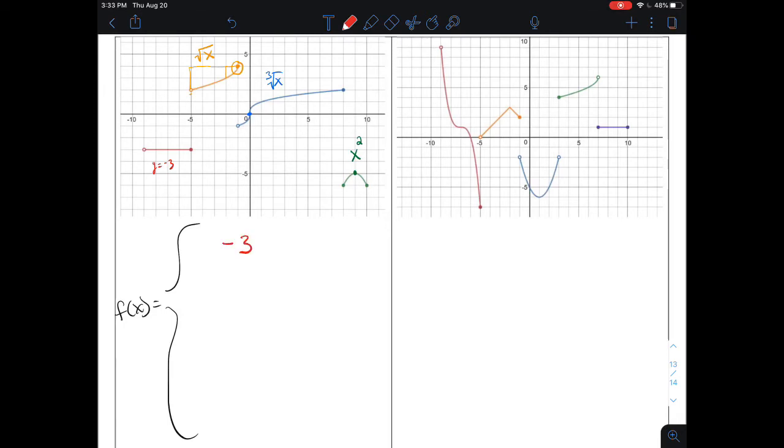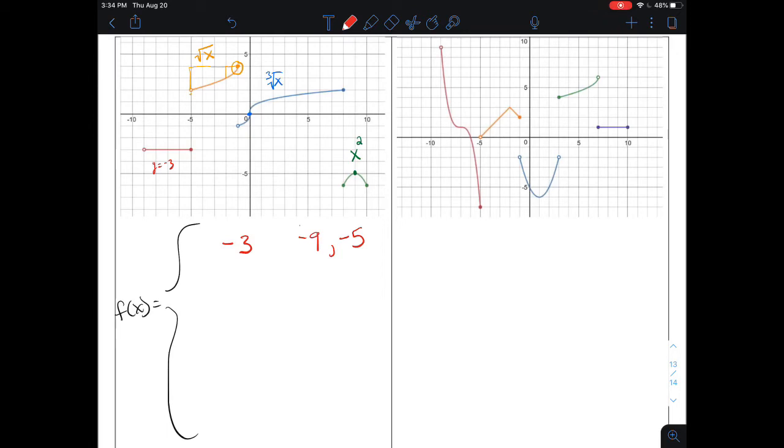Now, we have to write the domain in which we lie on that line, and so that represents the x values in which we are on this horizontal line at -3. The x values go from -9 to -5, and I'm going to use interval notation. Now, we have to figure out, do we use parentheses or brackets for the interval notation?